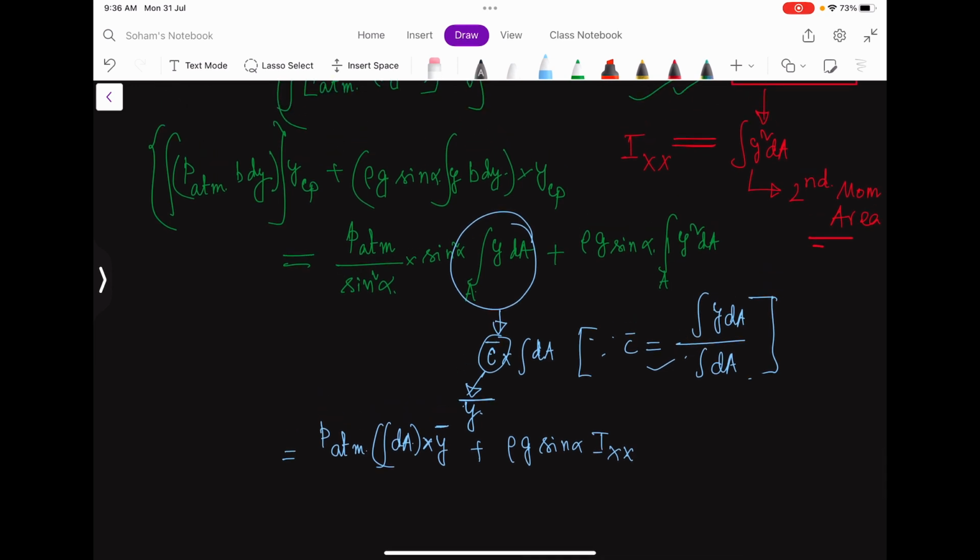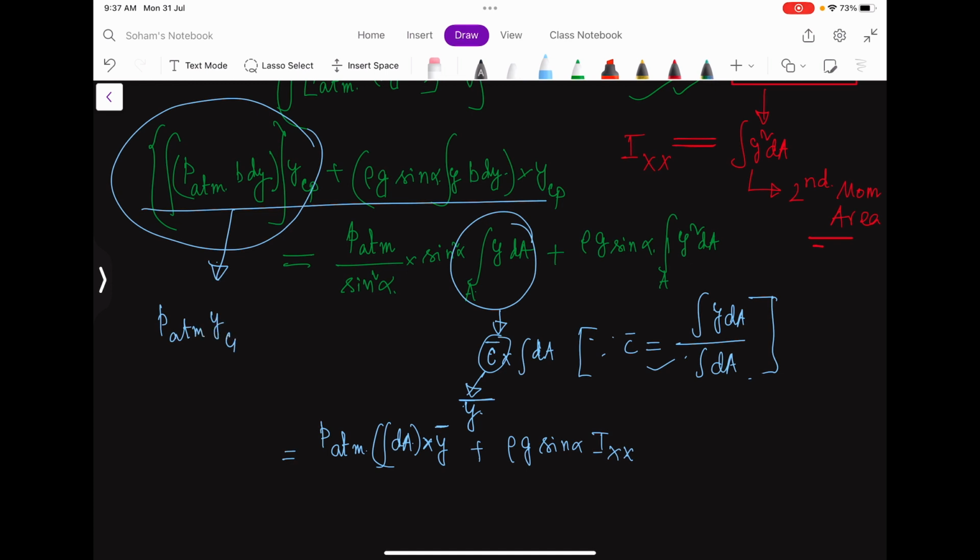Now let me write this part very clearly. For this part, patm is constant, ycp is constant, and again I have this b dy, which is only the dA part, so that is only the area A, because integral of dA.